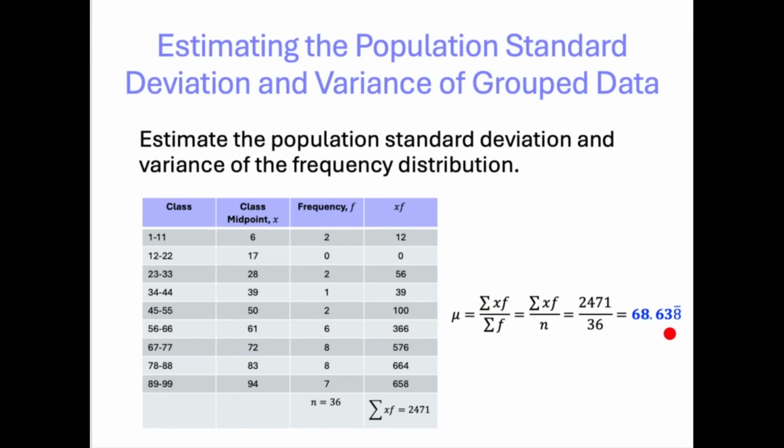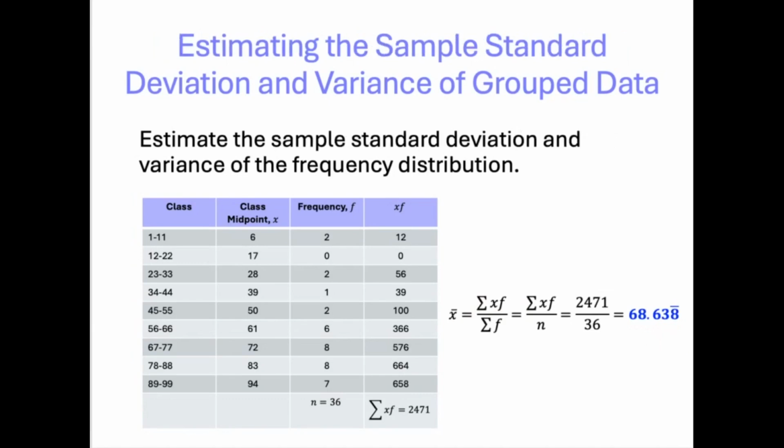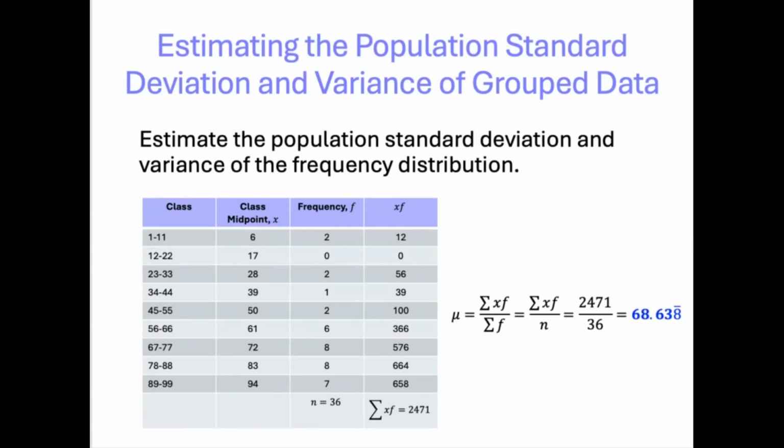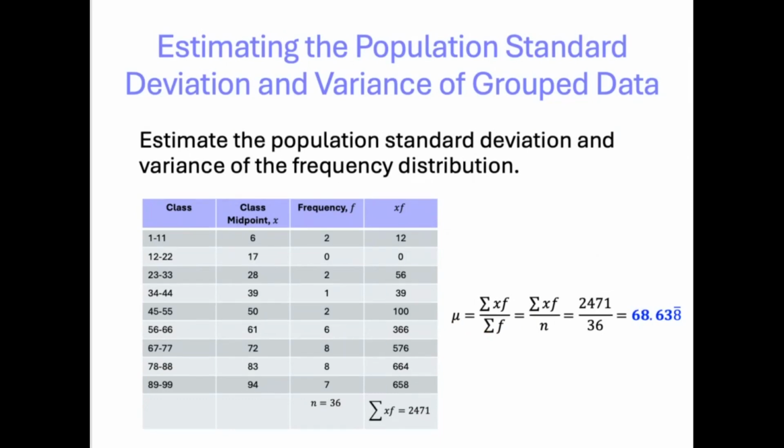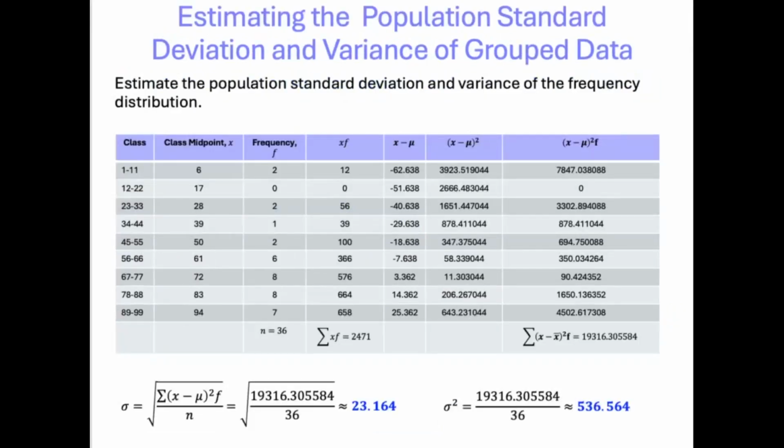Okay, 68.638 with a bar. Except now we're labeling it as mu. And then the only difference here is that for sigma, we are dividing by n, 36.